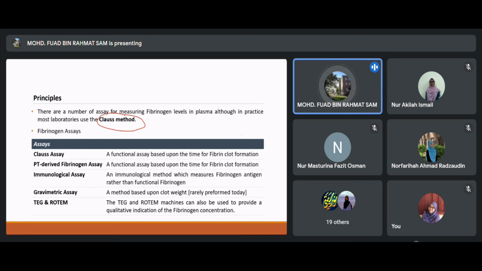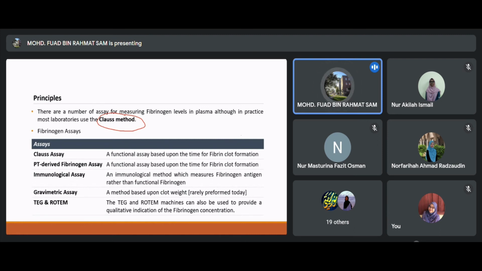Okay, so basically the clot method, what do we measure? We measure the ability of fibrinogen to form fibrin clot after being exposed to a high concentration of purified thrombin.